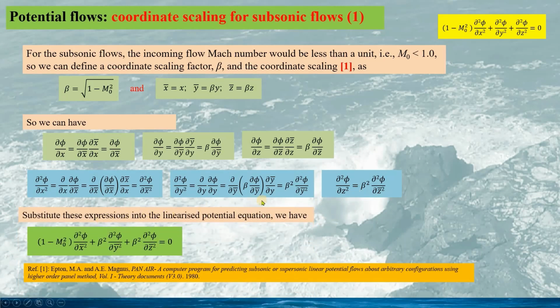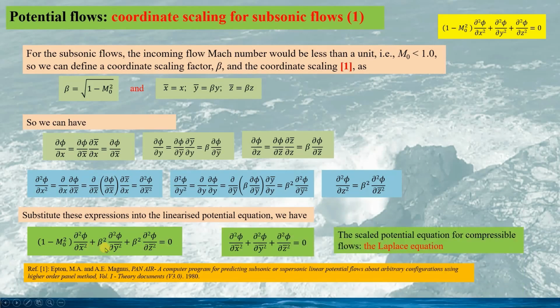So, if we substitute all these relations into the linearized equation, we can obtain the expression as this. And if we cancel out the term beta squared, we can obtain the scaled potential equation for compressible flow. This is actually a Laplace equation.